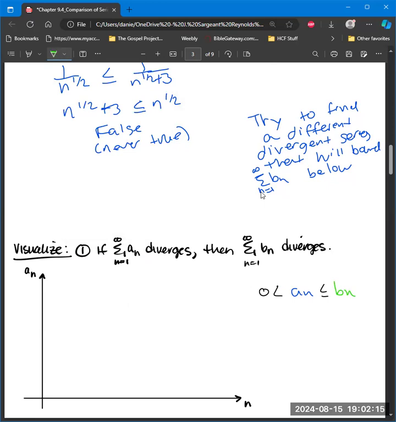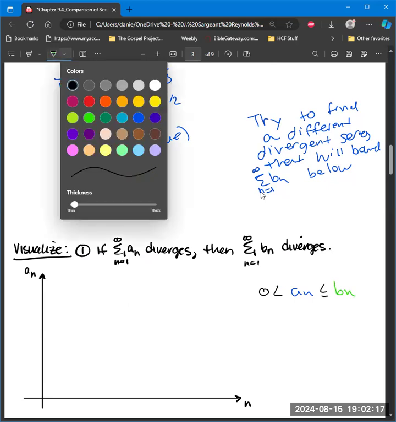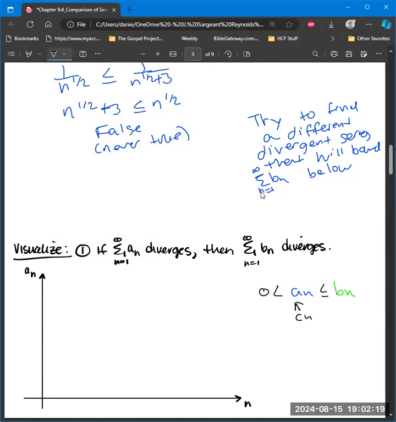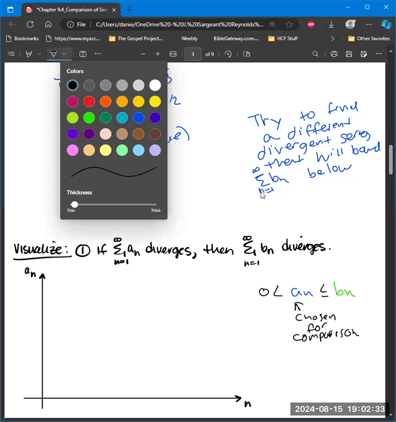And this is the one chosen for comparison. And so we have a situation where bn is going like this.